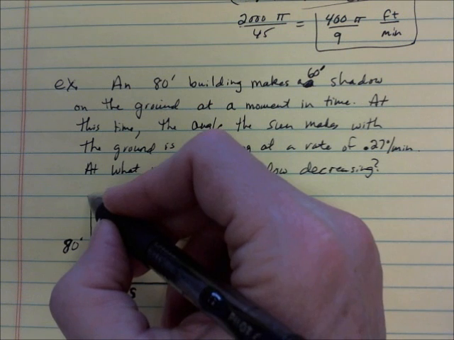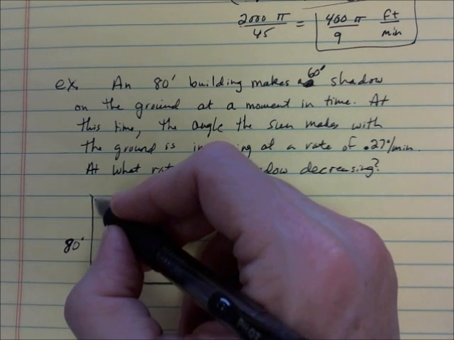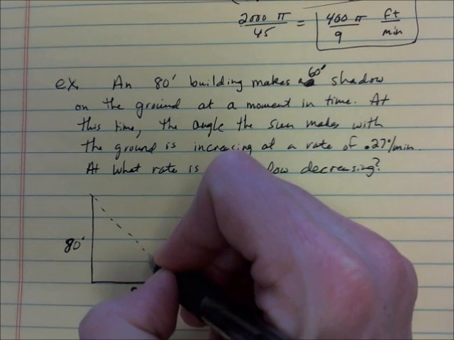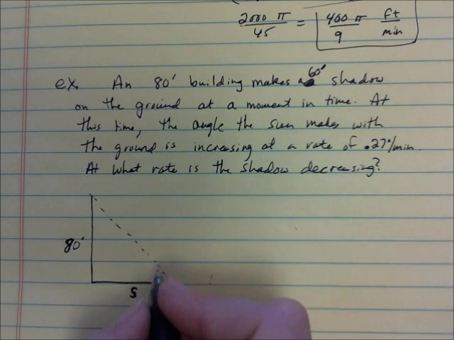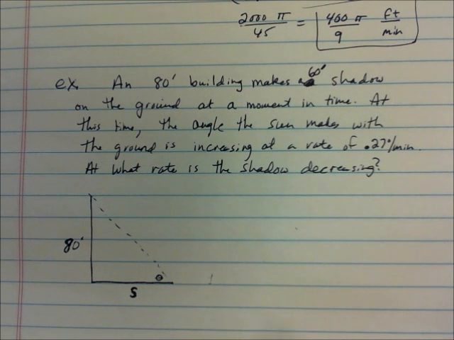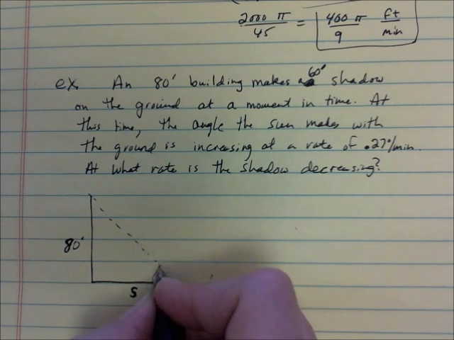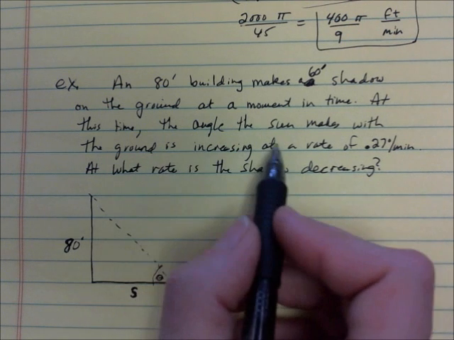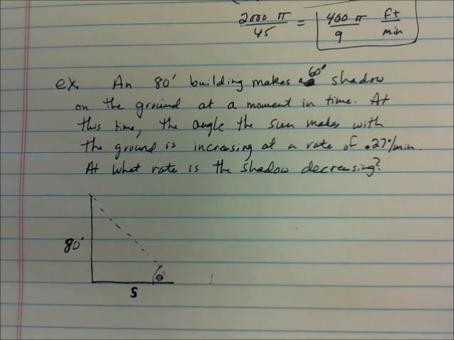And the sun is coming down somewhere and creating this shadow on the ground. And we have an angle that the sun makes with the ground, and we'll just call that theta. And what they tell us is that the angle is increasing at a rate of 0.27 degrees per minute.